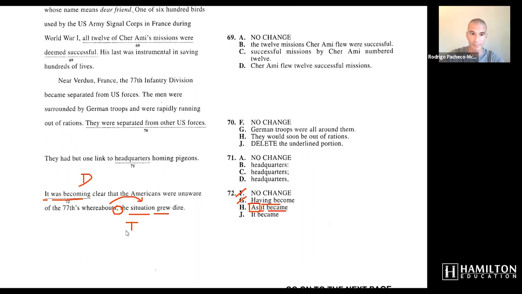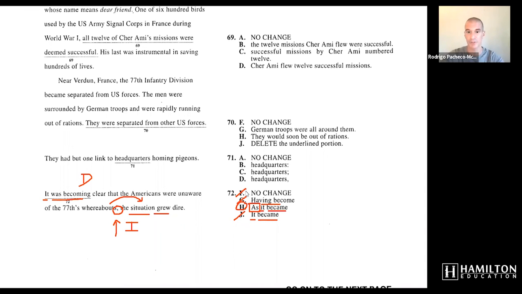Which we need because what follows is an independent clause and we have a comma in between them. So that is the rule that applies here. If you have a dependent clause followed by an independent clause, you need a comma in between them. J doesn't work because we have a subject and a verb, but this would give us an independent clause.